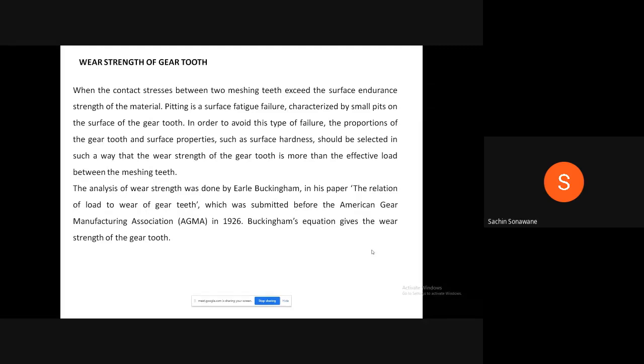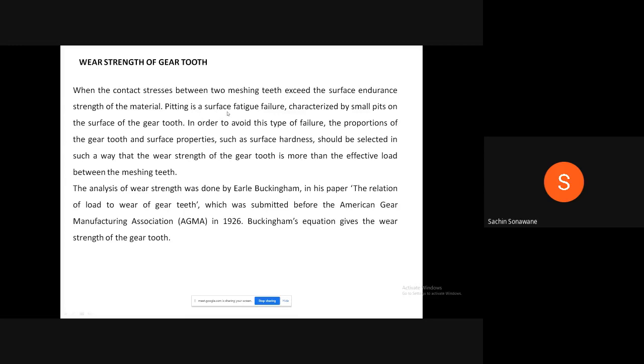We have seen different types of wear: abrasive wear, scoring wear, initial pitting, destructive pitting. Therefore, when the contact stresses between two meshing teeth exceed the surface endurance strength of the material, then wear will take place.